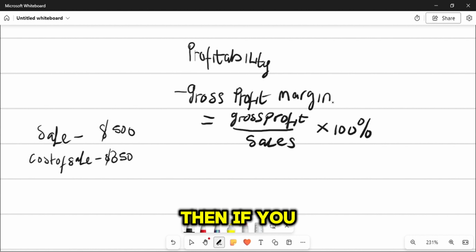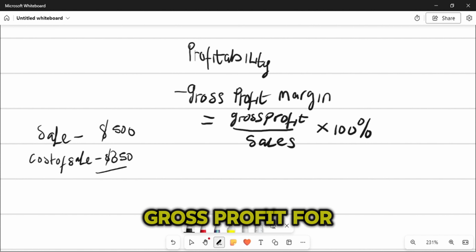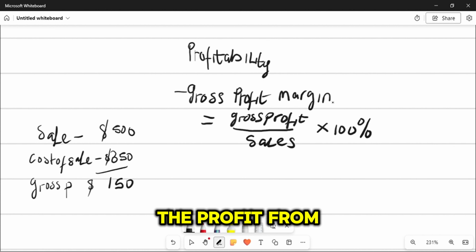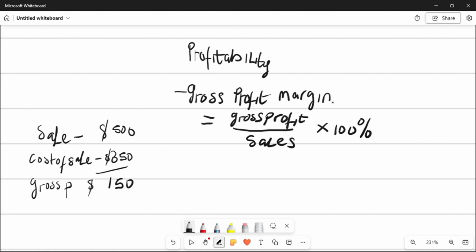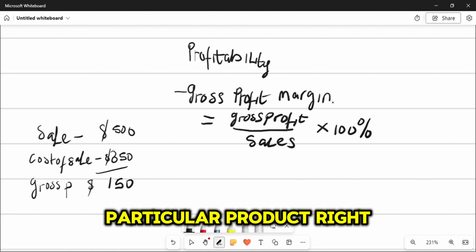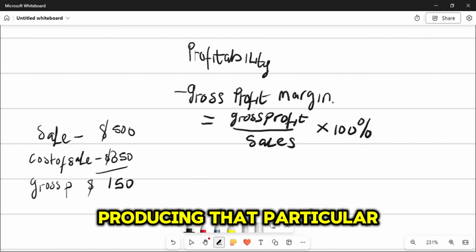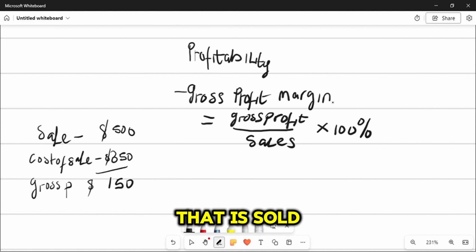So if you are given this, that means the gross profit for this company would be $150. The gross profit is the profit from the direct sales of that particular product, right? So it's just the sales over the cost of producing that particular material that is sold. So gross profit being this.